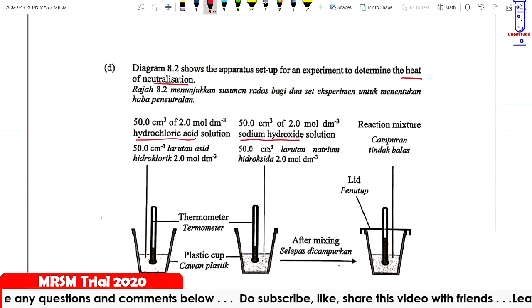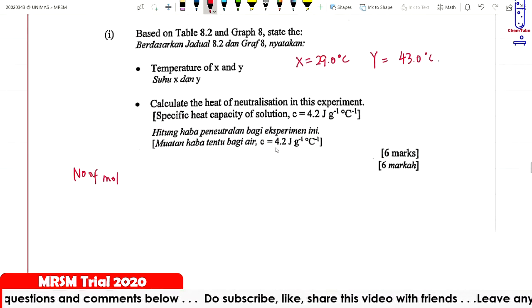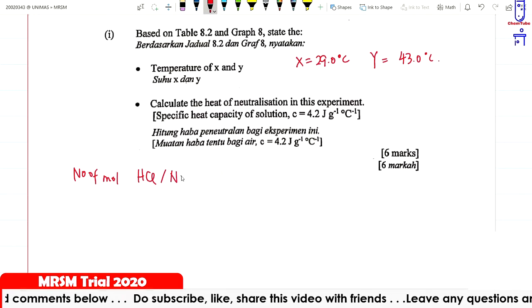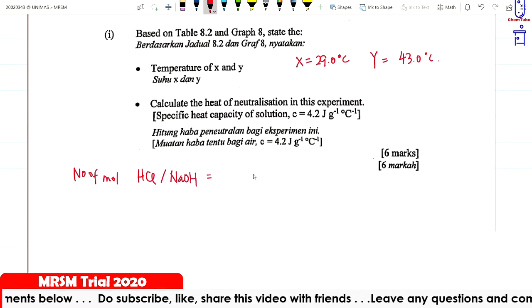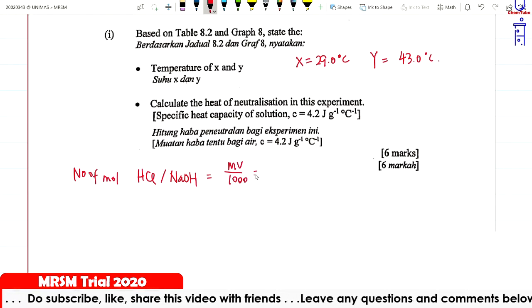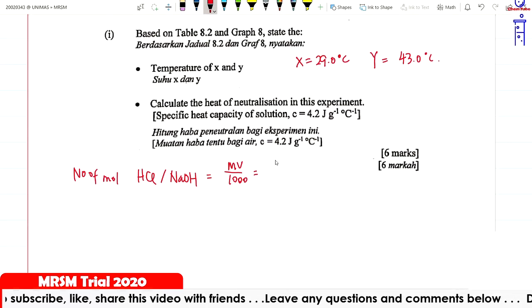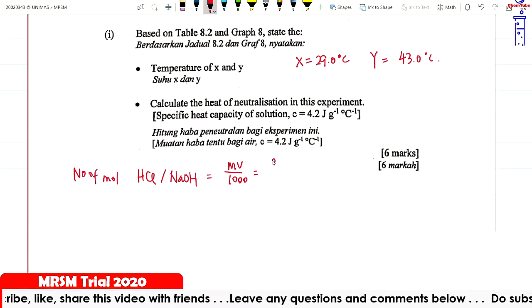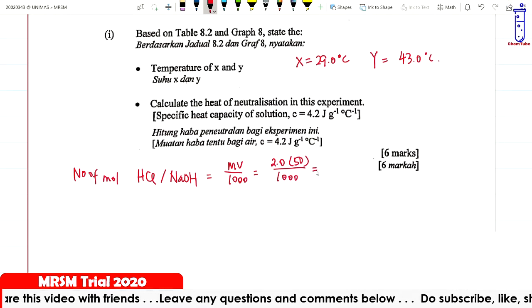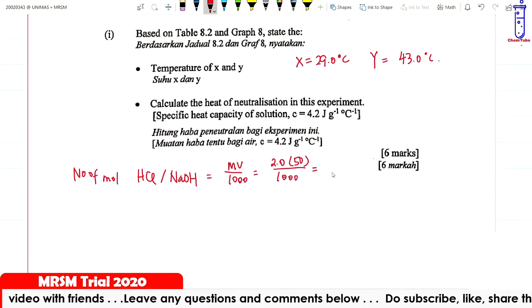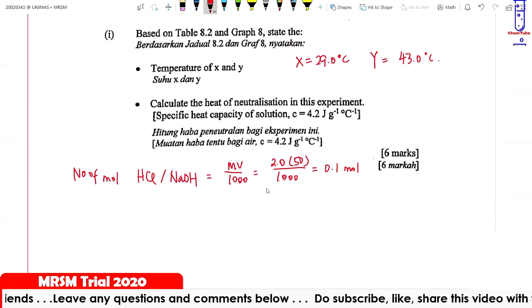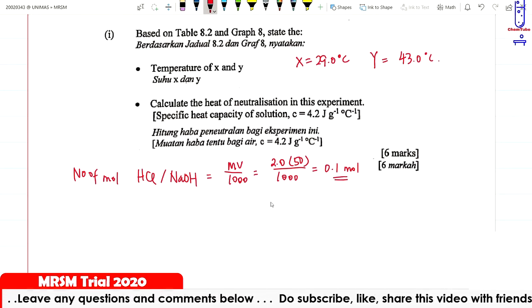Sodium hydroxide or hydrochloric acid, they are the same, so we can calculate HCl or sodium hydroxide. We use MV over 1000. M is 2, V is 50 over 1000. So you'll get 0.1. For both acid and alkali it is the same, so we can use any one of these.